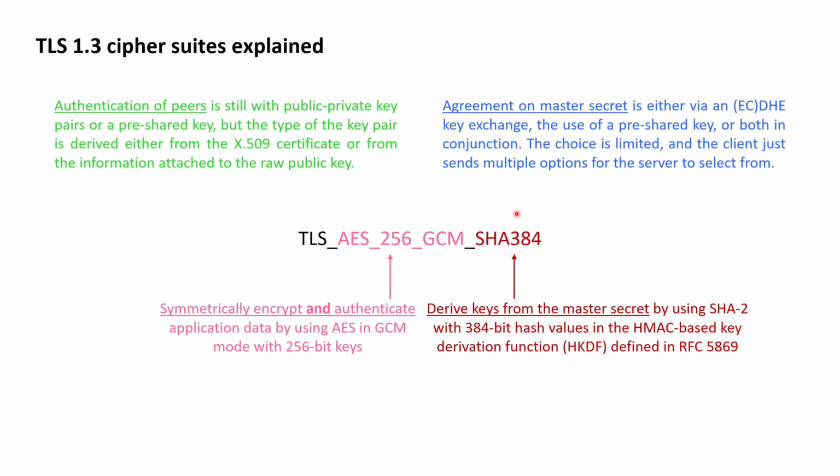This hash function is then used for the derivation of the keys for the AEAD cipher AES 256 GCM. This derivation starts with the agreed on master secret and takes place via the HMAC-based key derivation function HKDF, which is a construction that is built on top of HMAC and as such requires to be provided with a hash function.